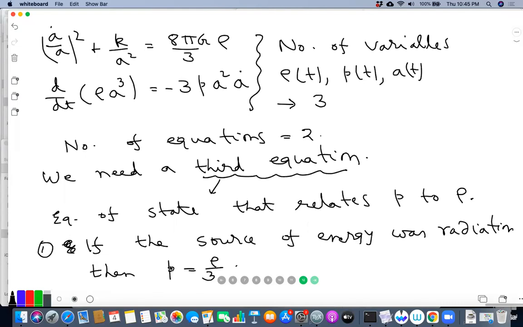And this is the relation we'll use. This will be the third equation that will supplement these 2 equations. And once you have P equal to rho over 3, then you can solve these equations starting from a given initial condition.